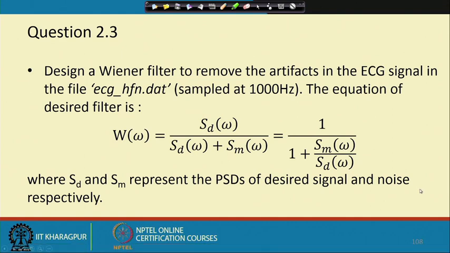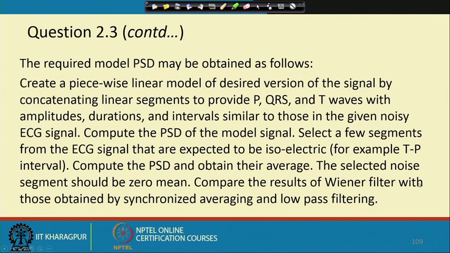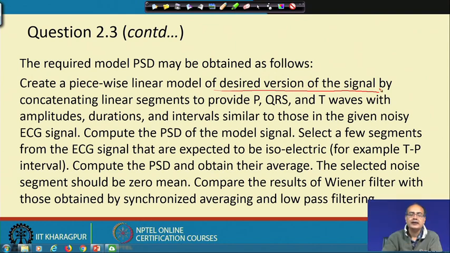Now, we get some more instruction on how we can build those PSDs. The suggestion is that we can create a piecewise linear model of the desired version of the signal. Why is that told? If we had the desired model of the signal in the time domain or the frequency domain, then filtering would not be required.